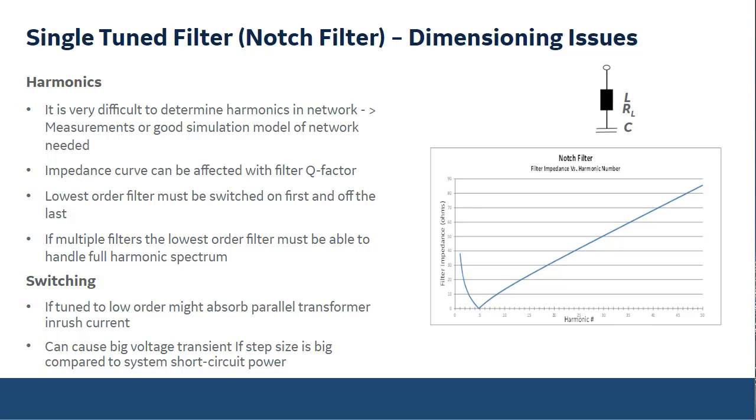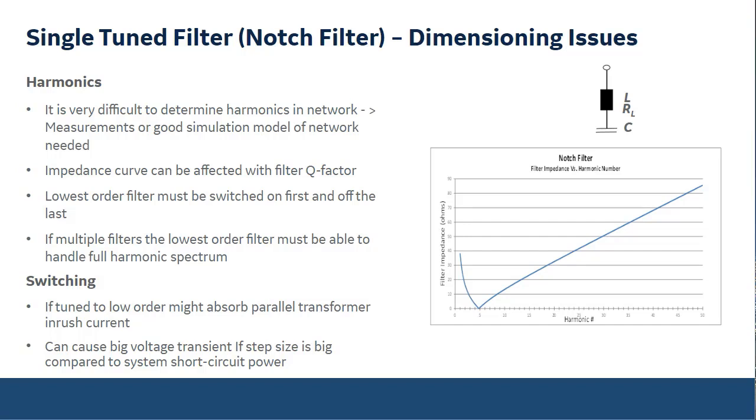So let's say you have 5th and 7th filter, and you need only one, you have to use the 5th. It's not advisable to use only the 7th filter in there. Then you are in very much danger of having resonances. So you always have to use the lowest order.